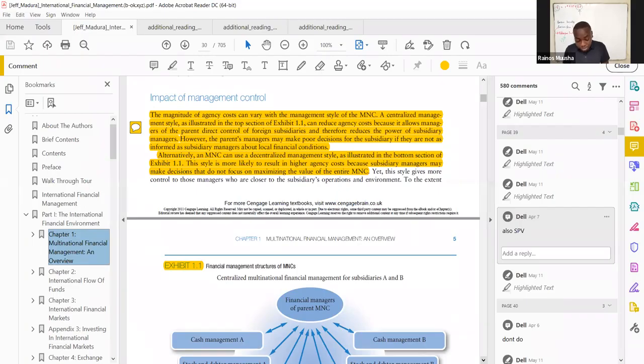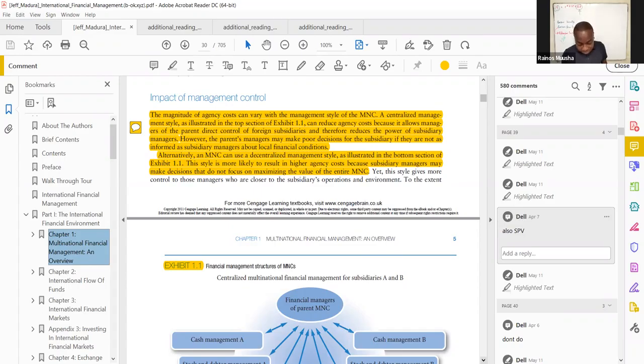When you look at the impact of management control, you're looking at the structuring, the relationship between subsidiaries and the parent company.